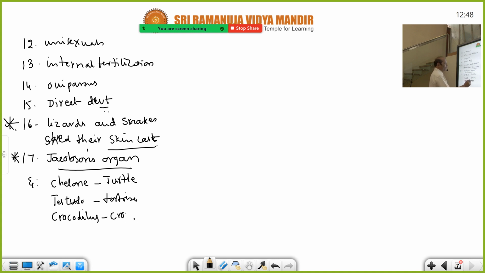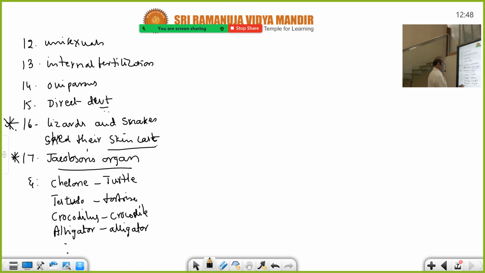Crocodilus, crocodile, also called mugger, and alligator. Common name also alligator. So turtles, crocodiles completed. The reptiles with scutes completed.